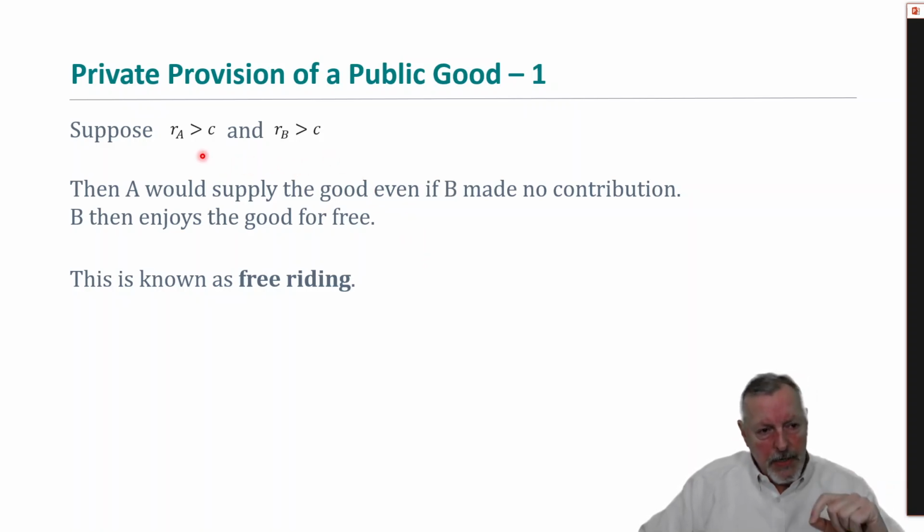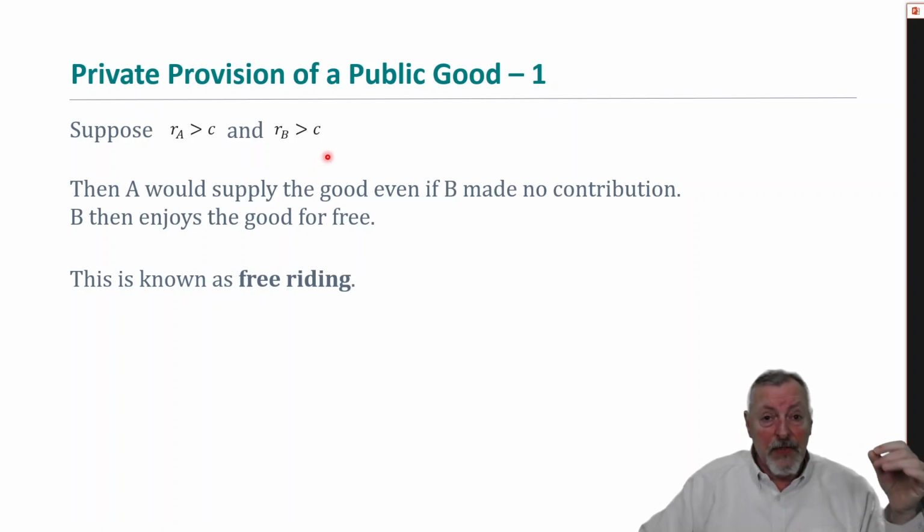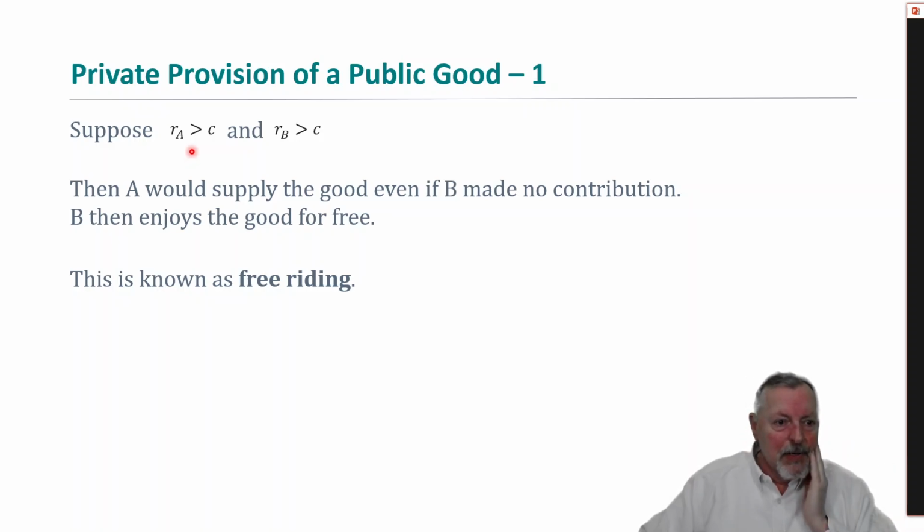But if this were the case, where both people valued the show more than the entire cost of the show, they would both be willing to foot the whole bill. Doesn't mean that they will, because each might know that the other is willing to do that. So person A might think, I really want a fireworks show.